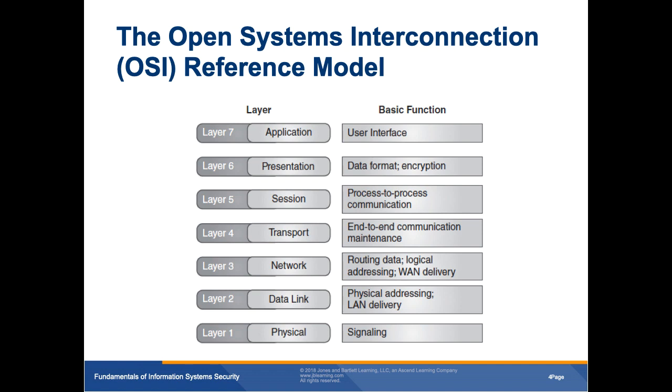So we have a 7-layer model from the OSI model. A lot of this has also been simplified down into a TCP/IP model. We may talk about that a little bit too. But the OSI model is a 7-layer model, and it has the application layer. That's the user interface.